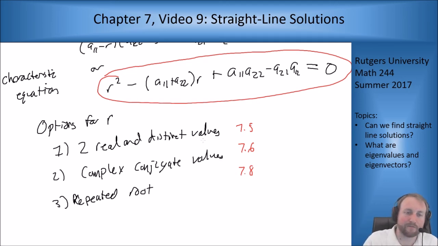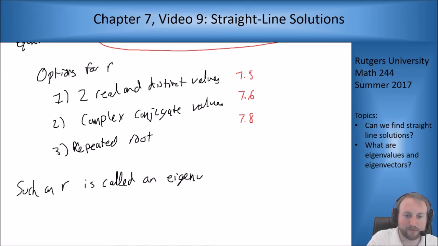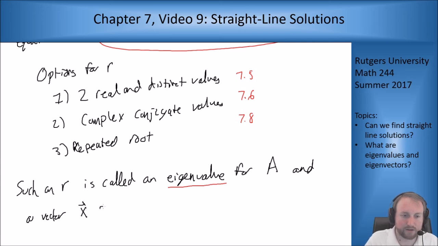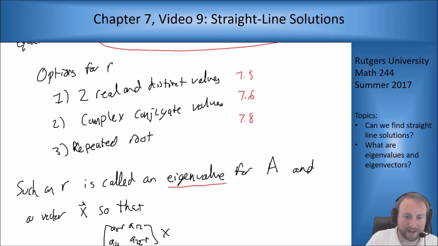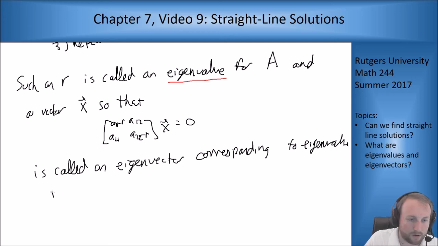Now, this r is called an eigenvalue for the matrix A. And a vector x so that [a11 minus r, a12; a21, a22 minus r] times x equals 0 is called an eigenvector corresponding to eigenvalue r.